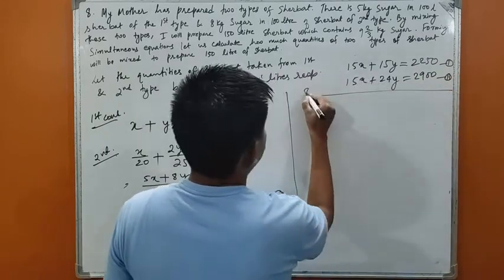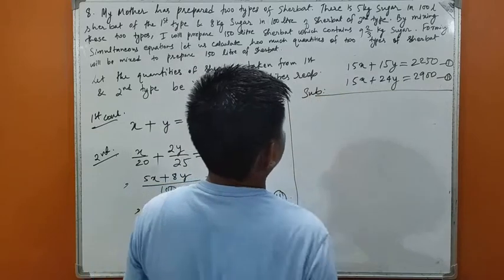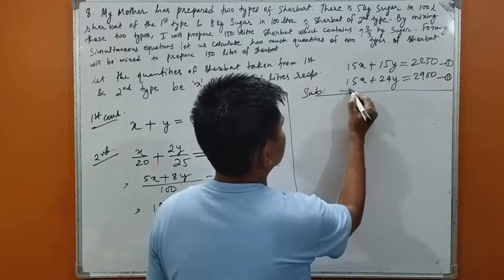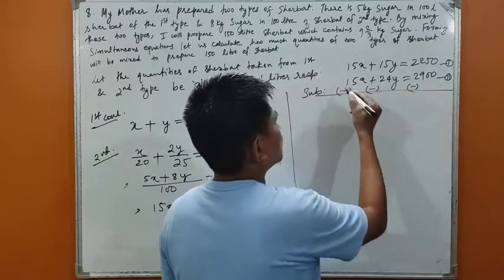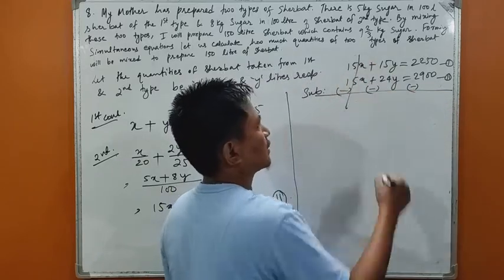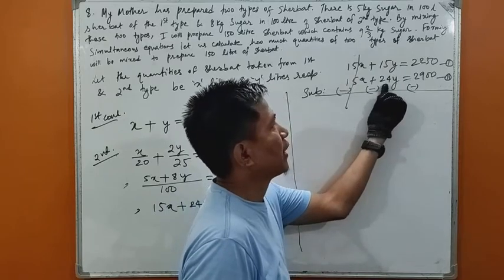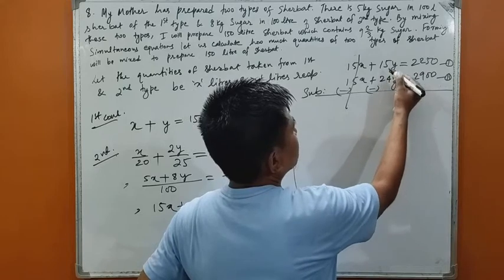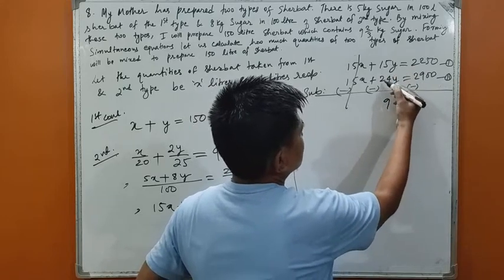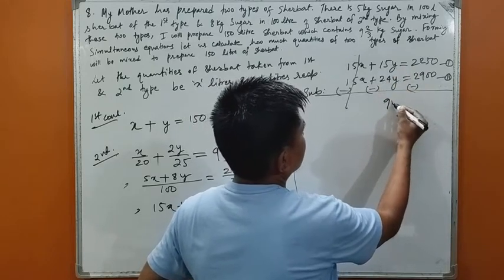Now we need to change the sign, so subtracting equation 2 from equation 1. This 15x becomes minus, this plus becomes minus, this plus becomes minus, isn't it? So plus 15x minus 15x cancels out each other. Minus 24y plus 15y, opposite signs, isn't it? So let us subtract. 14 minus 5 is 9. So this becomes 1. 1 minus 1 is 0. 9y.